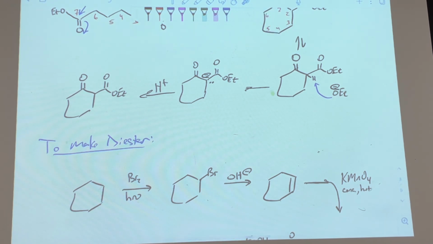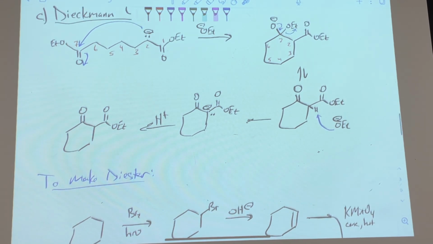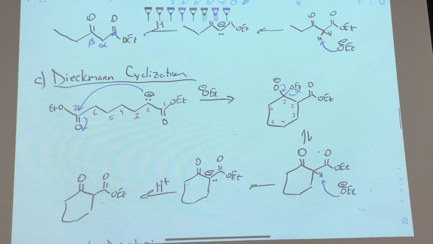Somewhat resembles this. You know, you've got the 6-membered ring with a carbonyl in the ring, but there's two differences. Number one, the product we were trying to make has a 3-carbon chain on it, and it does not have this ester. Right? But, oh, by the way, just for the record, you probably have already put this together, but the Dieckmann, just like the intramolecular aldol, you can only make 5 and 6-membered rings.